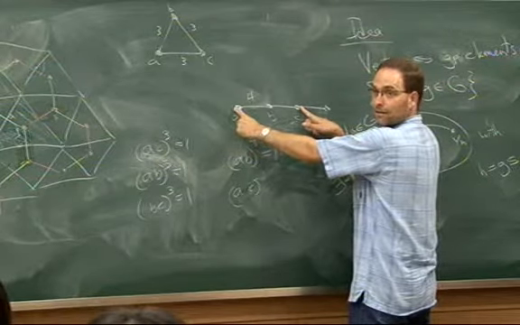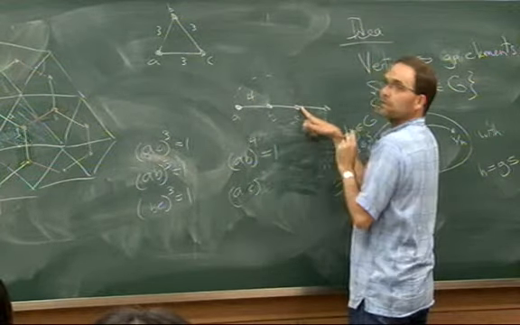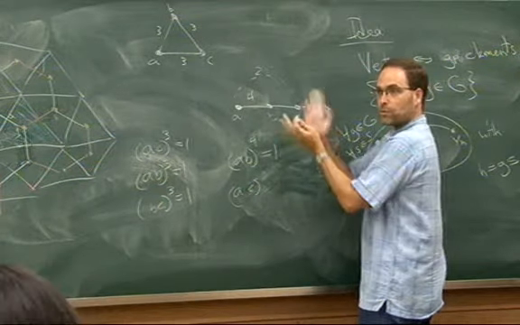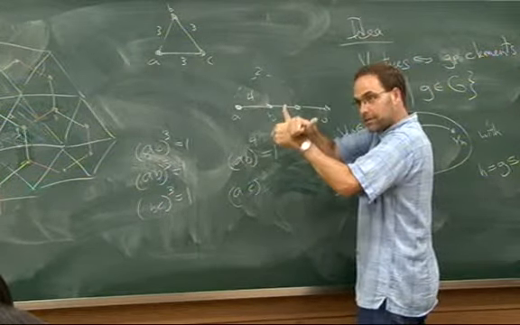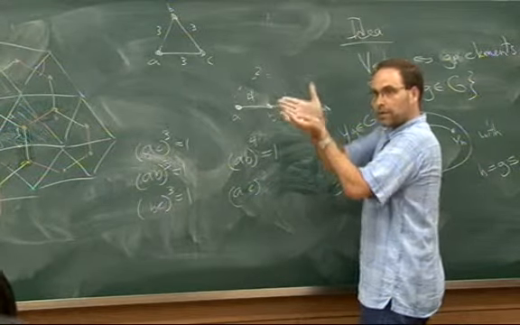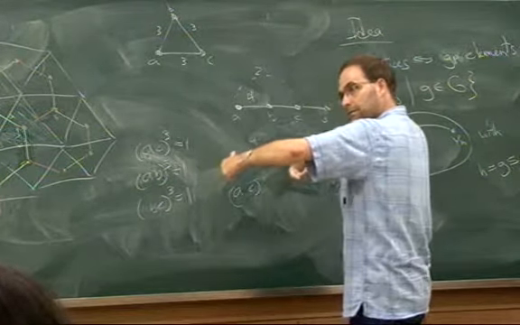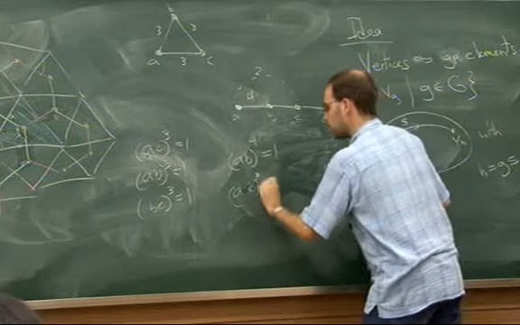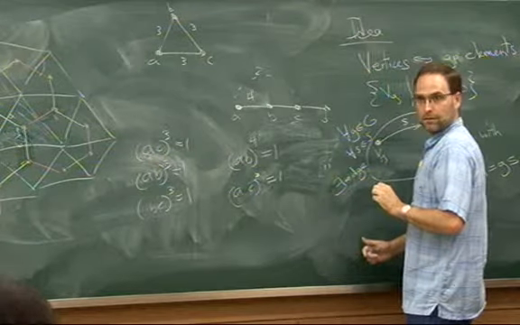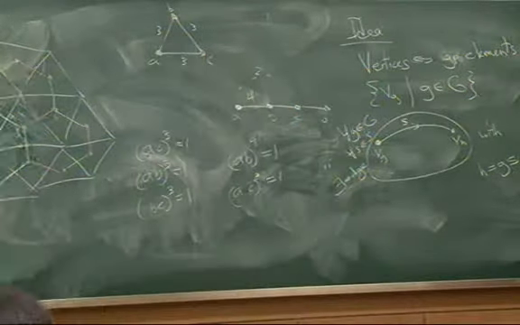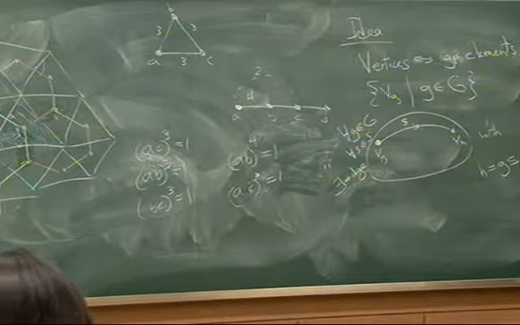AC, what's the label there? 2, right? Because these are pi minus pi over 2. They're orthogonal vectors, giving us orthogonal hyperplanes. And so when we multiply them, we're going to get a pi rotation, 2 pi over 2 rotation, and so those square to 1. Okay?